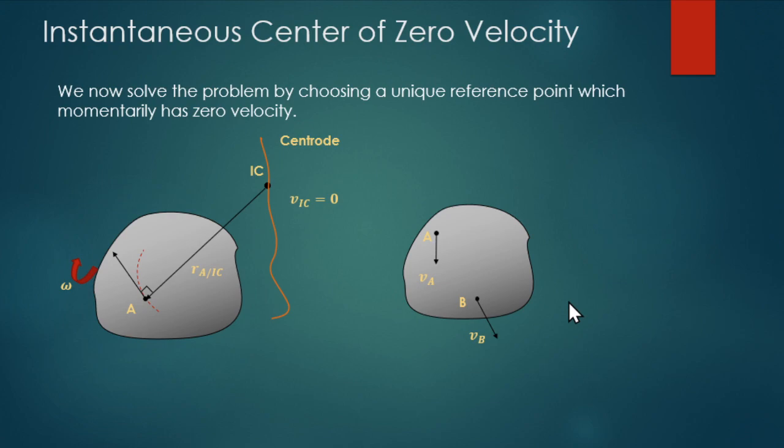the instantaneous center of zero velocity. So this topic is another method to get the value of the instant velocity at a particular point of your body.